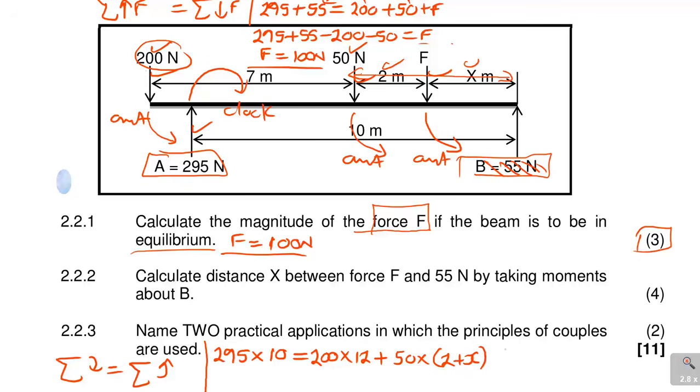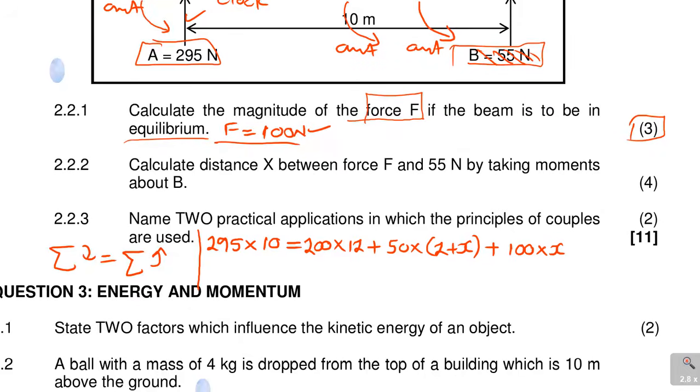That is the second part. And then the last one is F times x, which is the force F we found to be 100 newtons. Remember, we calculated it there, times x. So these are the forces that are acting, and then you just need to solve for x.